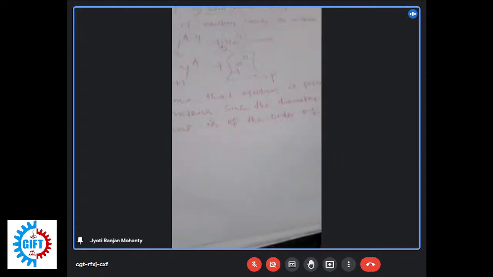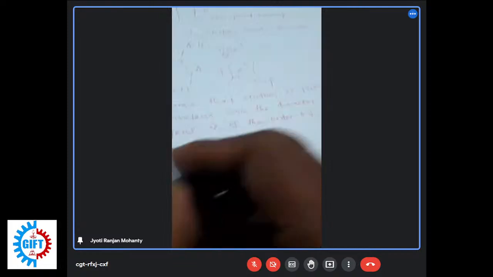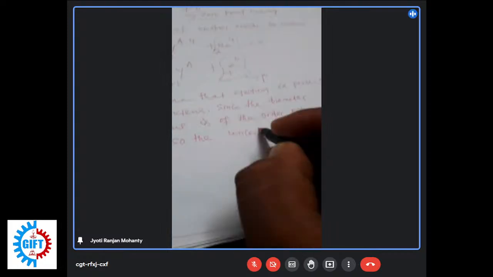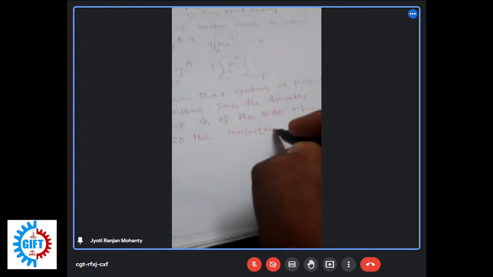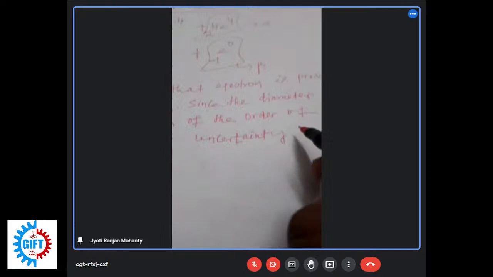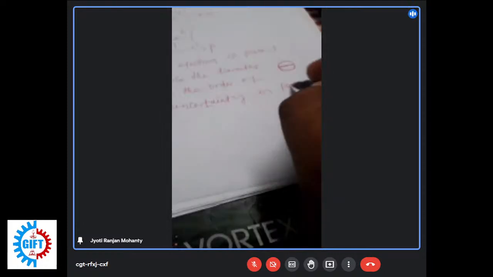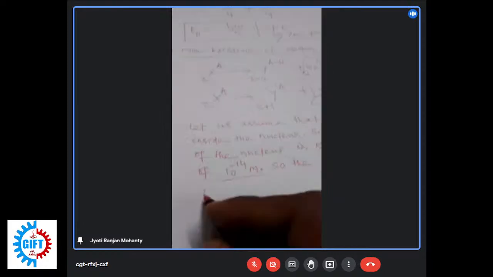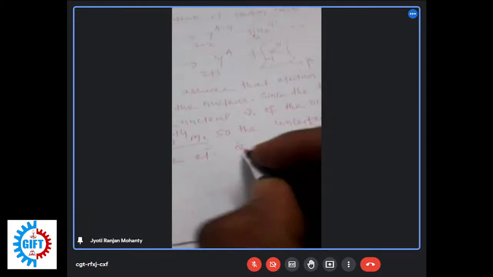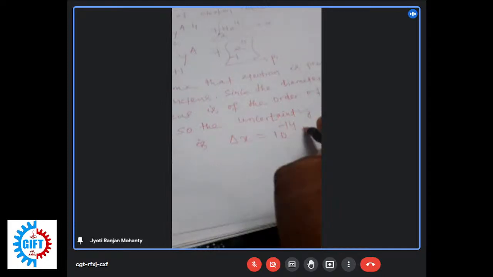Okay. So if electron is present inside the nucleus, we can write, so the uncertainty in position of the electron, del x is equal to 10 to the power minus 14 meter.